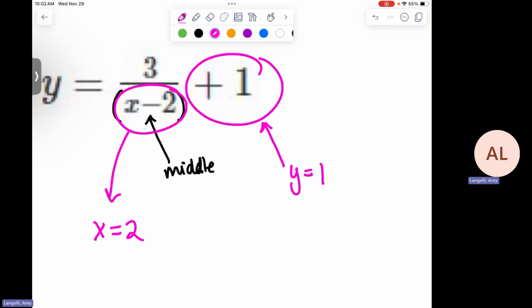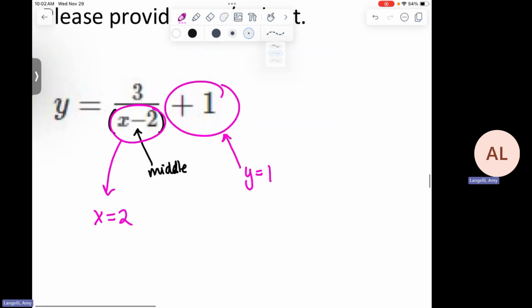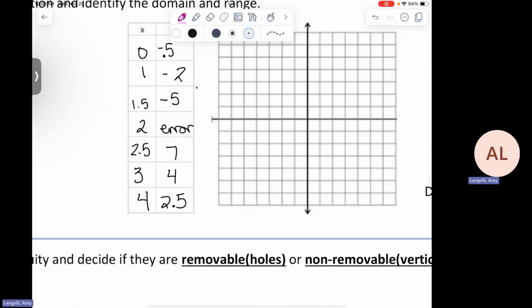Now I'm going to go ahead and graph those. So I'm going to graph the asymptotes. I like to use, and you should mathematically use, broken lines because they're not actually part of the graph. They're just things that they approach and don't touch. So I'm going to make a vertical line at 2 and a horizontal line at 1. Vertical line at 2. Horizontal line at 1. Okay.